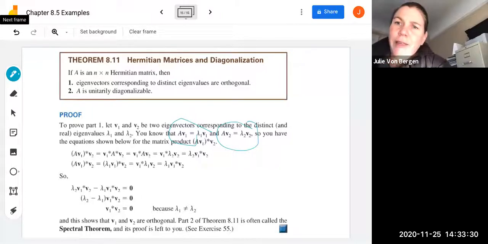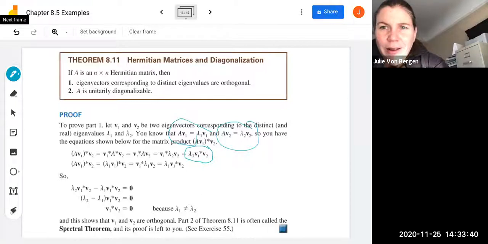So we can see that first product works out to be lambda 2 multiplied by v1 conjugate transpose multiplied by v2. And the second product, if we do it in terms of substituting in the lambda 1, not the lambda 2, we get lambda 1 v1 conjugate transpose v2. So we have here now lambda 2 v1 conjugate transpose v2 minus lambda 1 v1 conjugate transpose v2 is 0.